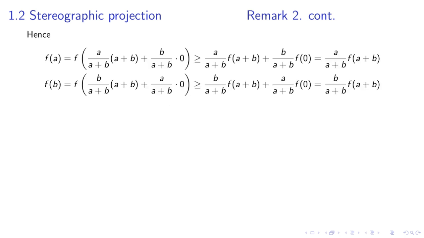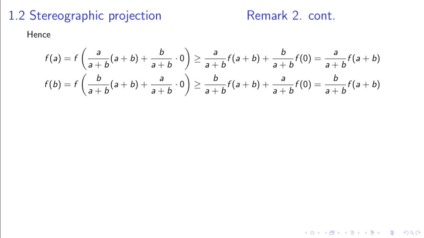We obtain that f(a) is greater or equal than a over (a plus b) times f(a plus b) plus b over (a plus b) times f(0). Since f(0) equals 0, this simplifies to f(a) greater or equal than a over (a plus b) times f(a plus b).